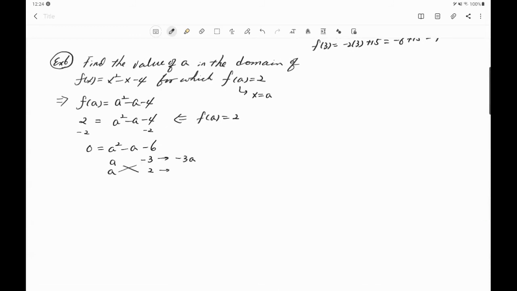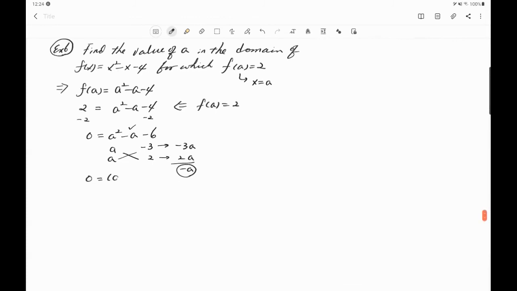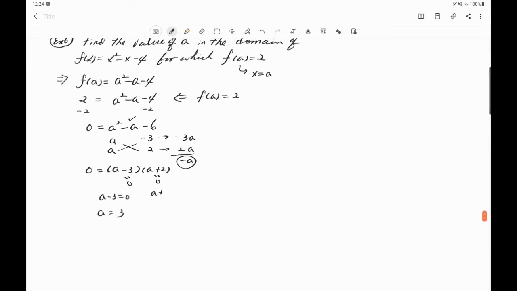This product is 2a, and the sum is negative a, the same as the middle term. So we can rewrite it as a product of a minus 3 and a plus 2. Since the product is 0, we can set each factor equal to 0. So we found two values: a equals 3, and from this one, a equals negative 2. So we found two a values.